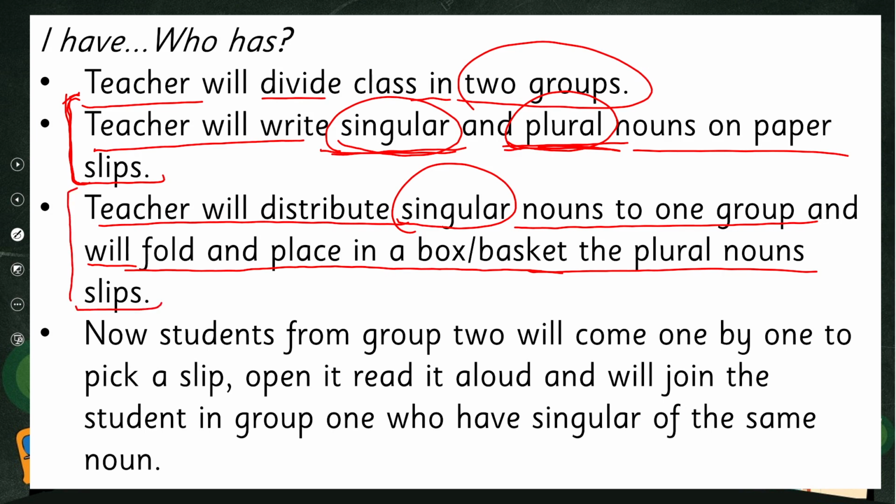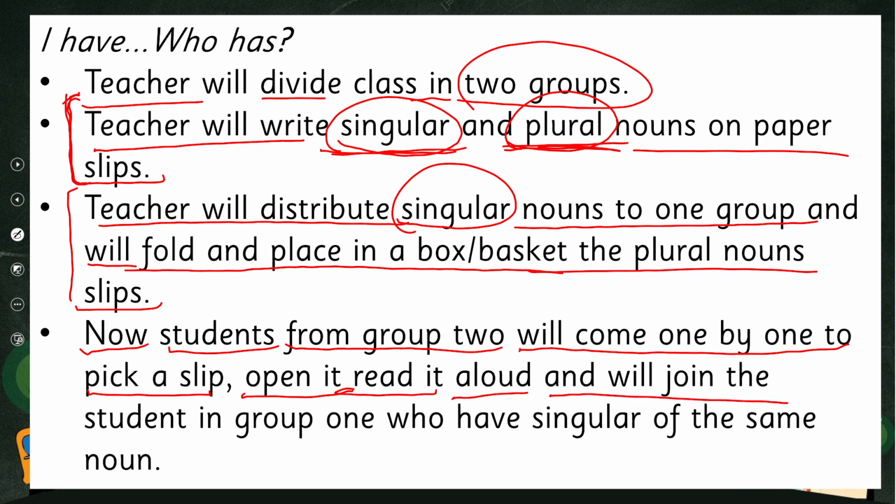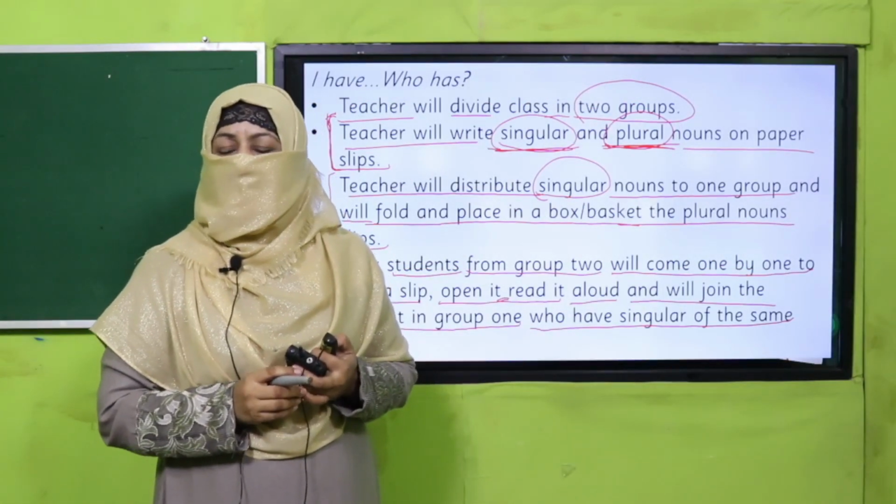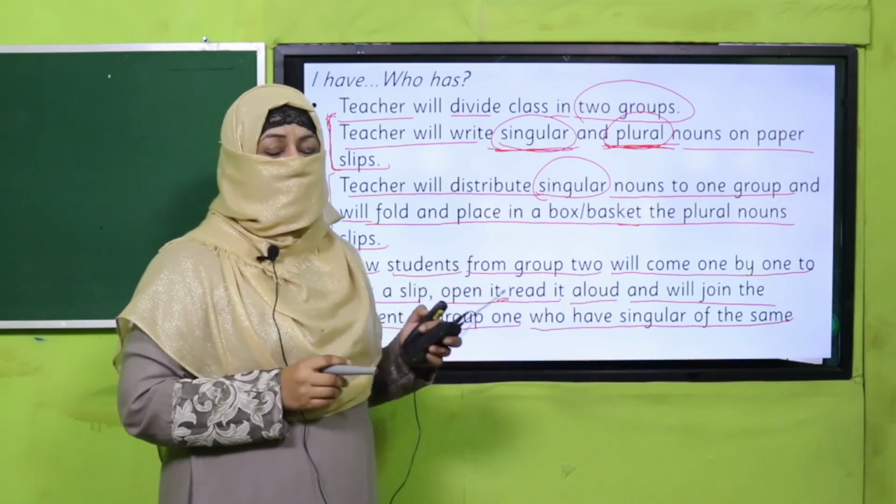Okay. Now students from group 2 will come one by one to pick a slip, open it, read it aloud, and will join the student in group 1 who have the singular of the same noun. Right? So we are going to give a huge vocabulary of irregular nouns to our students. So pause the video, enjoy this activity, and then come back.